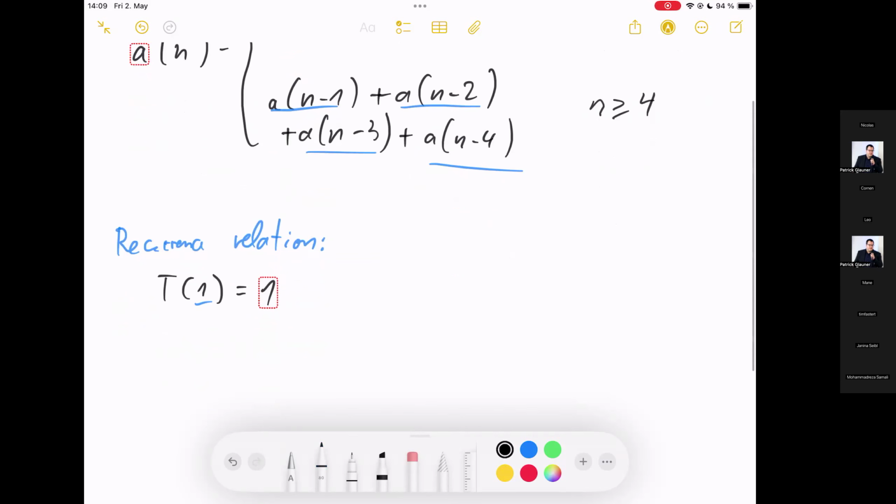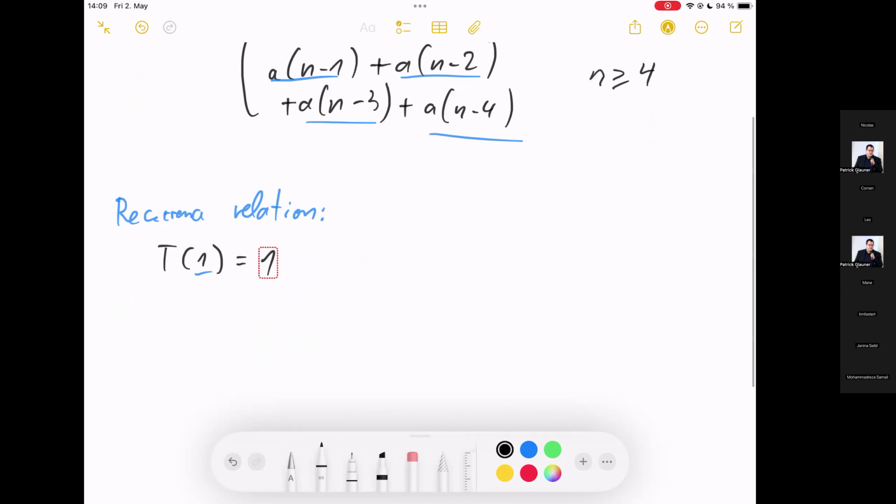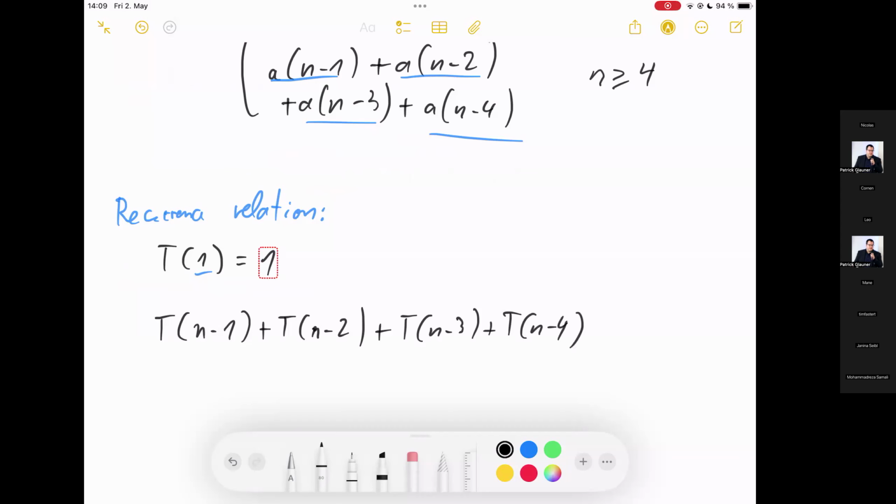But the T of n is now more complex because we see that there's some relation. It's T of n minus 1 plus T of n minus 2 plus T of n minus 3 plus T of n minus 4.